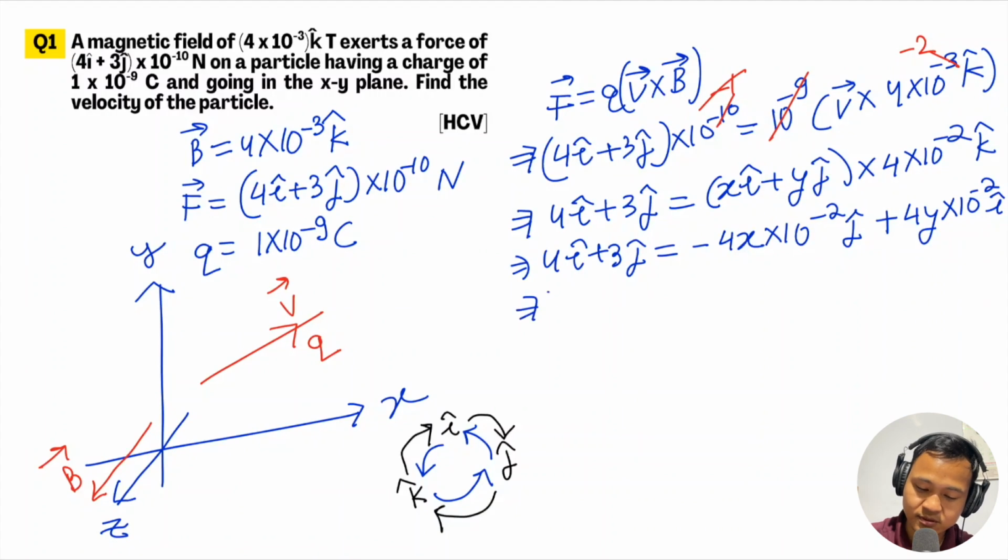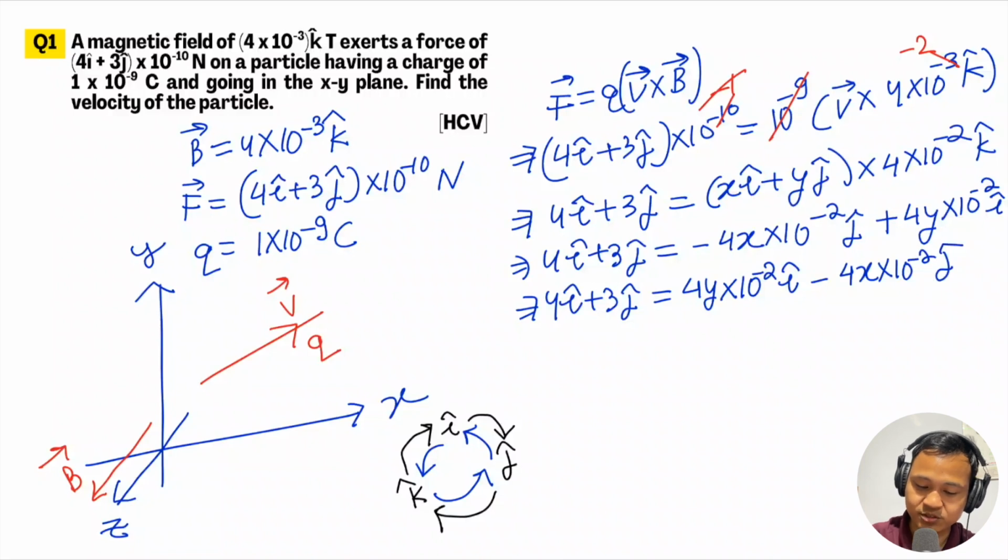Or 4I plus 3z should be equal to 4y into 10 power minus 2I minus 4x into 10 power minus 2z.